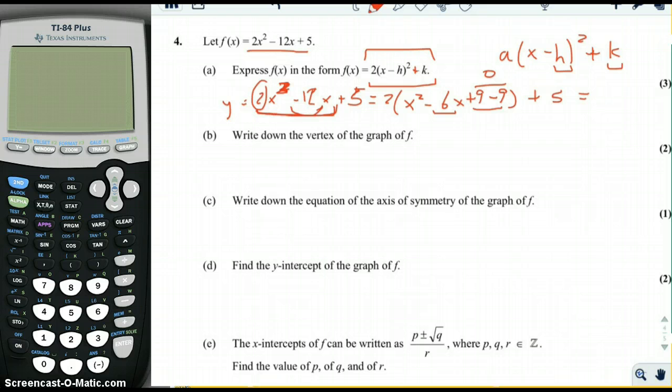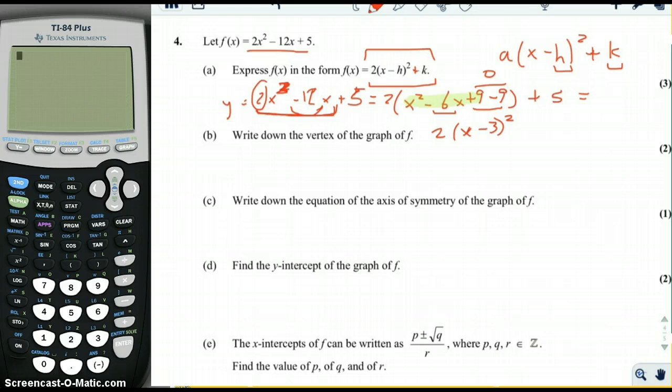So now I have this part, which is a perfect square. And what I'm going to do is change that into a perfect square. The green part factored is (x minus 3) squared.